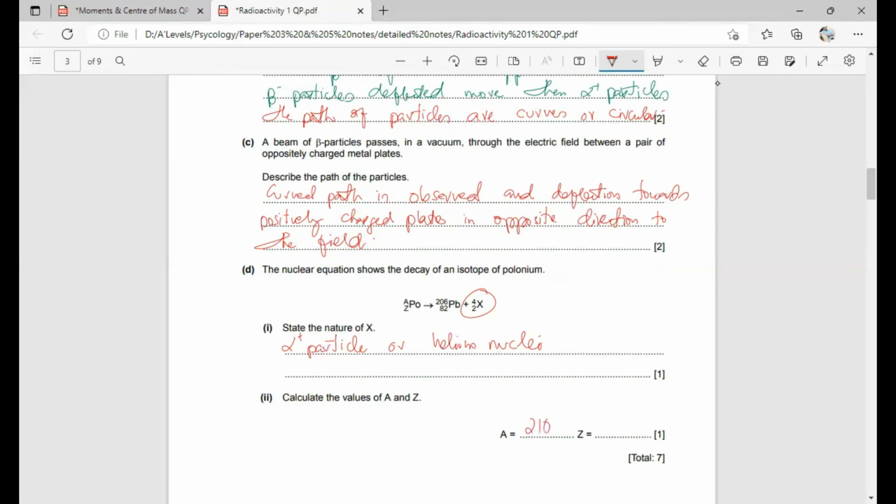And what about Z? That is 82 plus 2. This is your original 84. So this is the way to elaborate the particular number of particles, right?